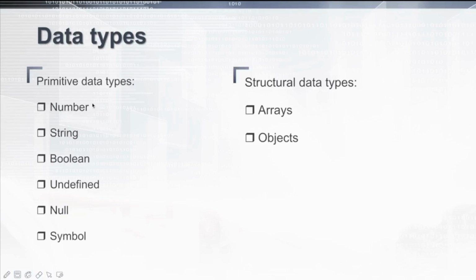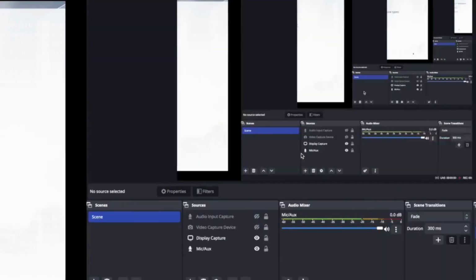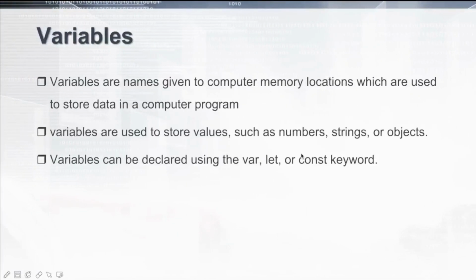So we can have data that will be number, can be string, can be boolean, can be undefined, can be null, can be symbol, can be arrays, can be object. So when we have data in any of these formats, we can go ahead to store this data in our program.